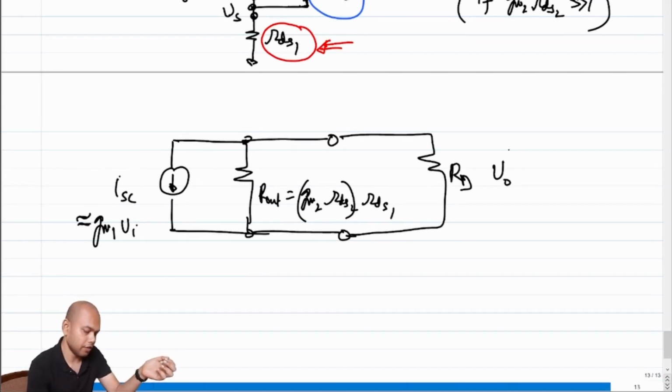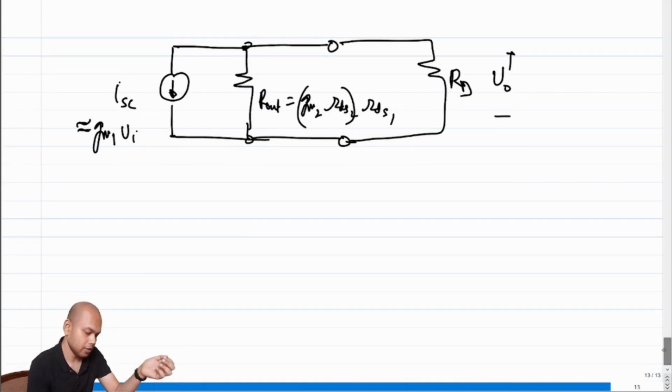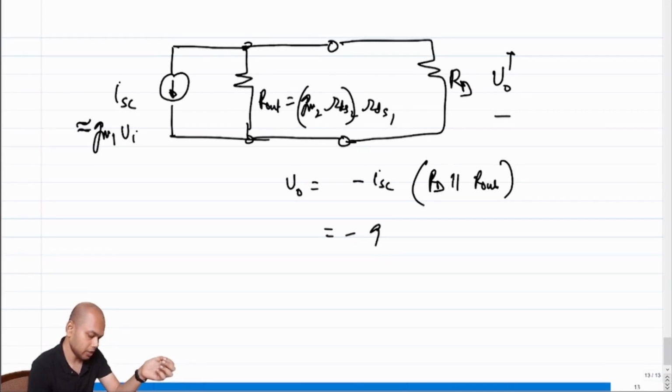And we have our RD connected, and we are taking the voltage across the RD. So what is V naught? V naught will be Isc times RD parallel Rout, with a minus sign, which is minus gm1 times Vi times RD parallel rds1 times gm2 times rds2.